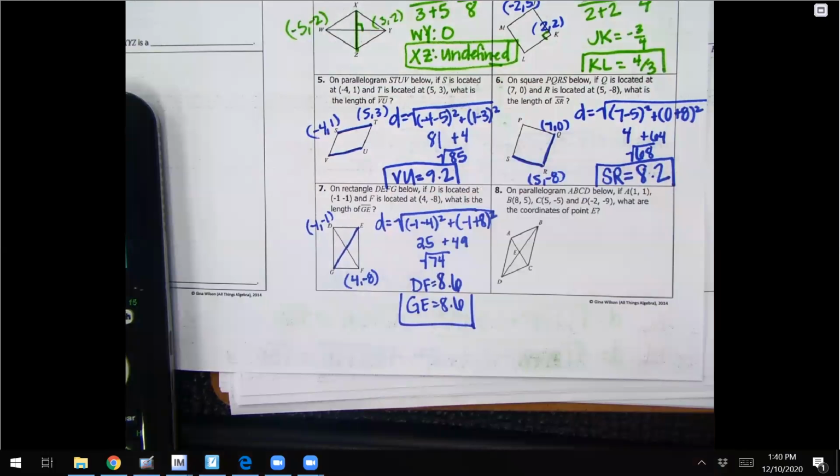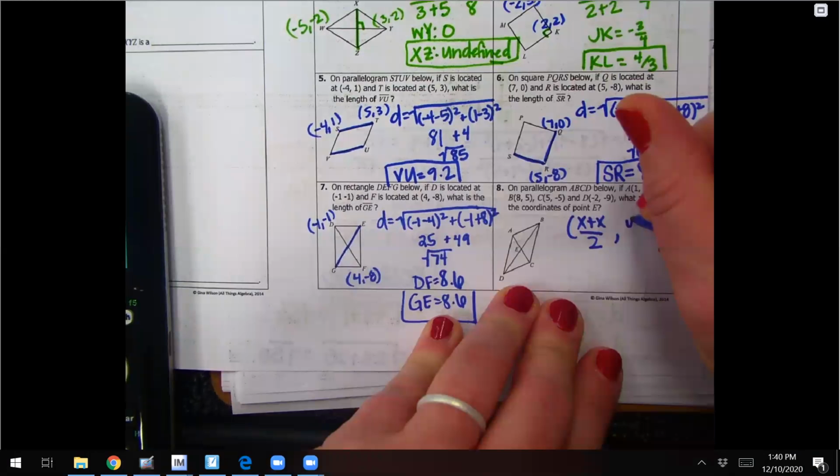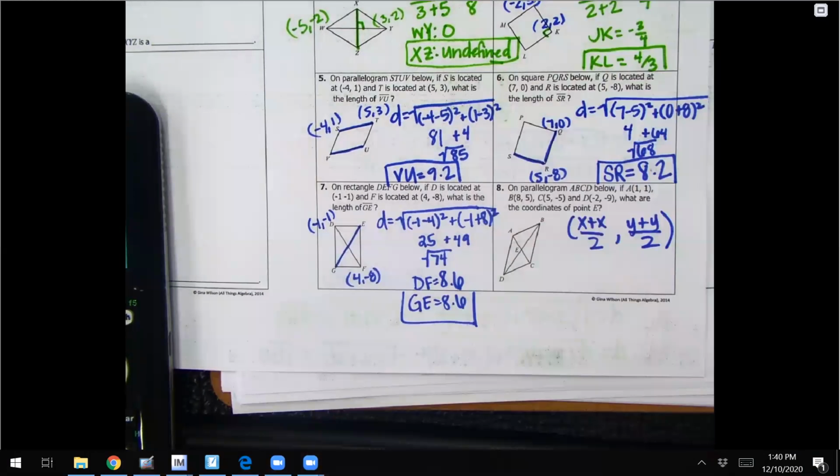What are the coordinates of point E in the middle? How do you get this? I wish I had a formula that would help us get to the middle of a segment. Boom! The midpoint formula. X plus X divided by 2, comma, Y plus Y divided by 2. Does it matter which one we use? No. Who do you want to use, AC or DB? D is louder, so we're on that one. It's not going to matter.